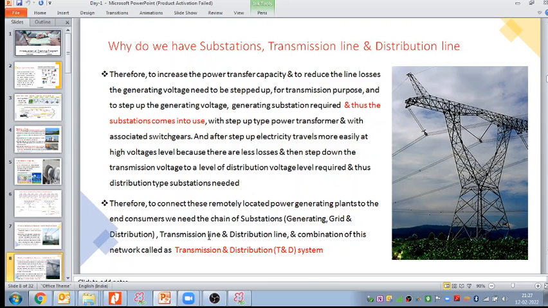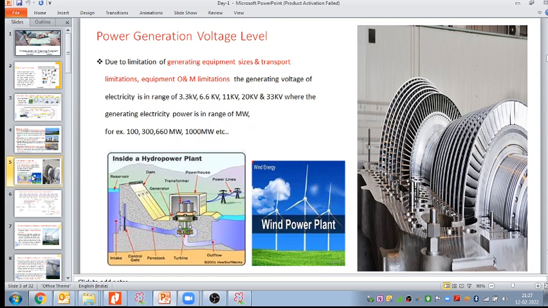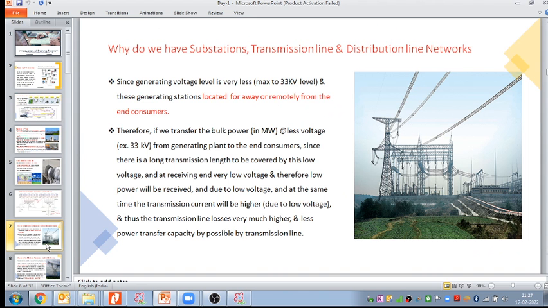I hope so far I am clear with all of you, right? So we discussed the main components of the power system. Then what is the generating voltage? Then in case of solar, what is the generating voltage? Then why we cannot transmit this low voltage?